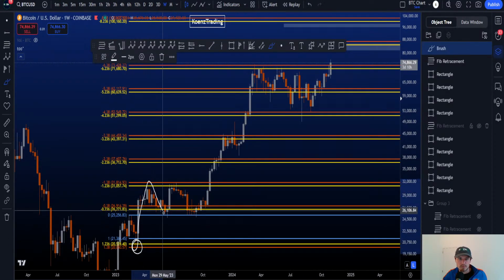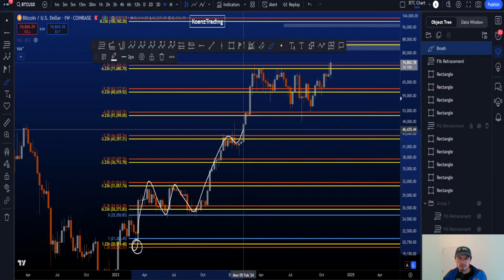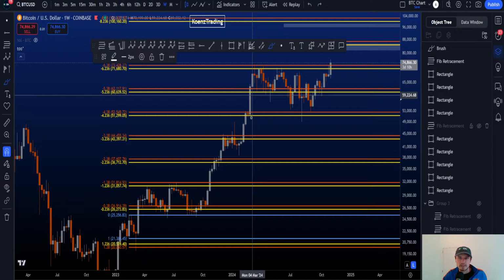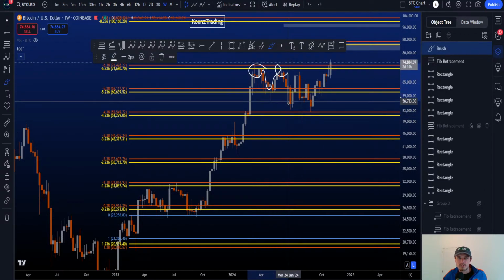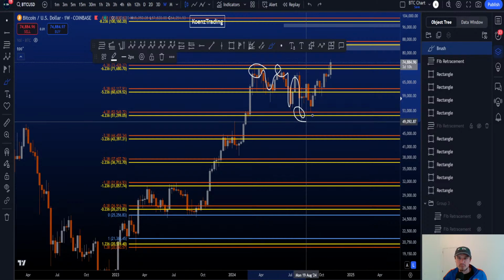Support moves up, resistance, support, resistance, support, next up, resistance. Bit of a range here in this pocket. Resistance, support, resistance, fails, right? Support, support, back up.